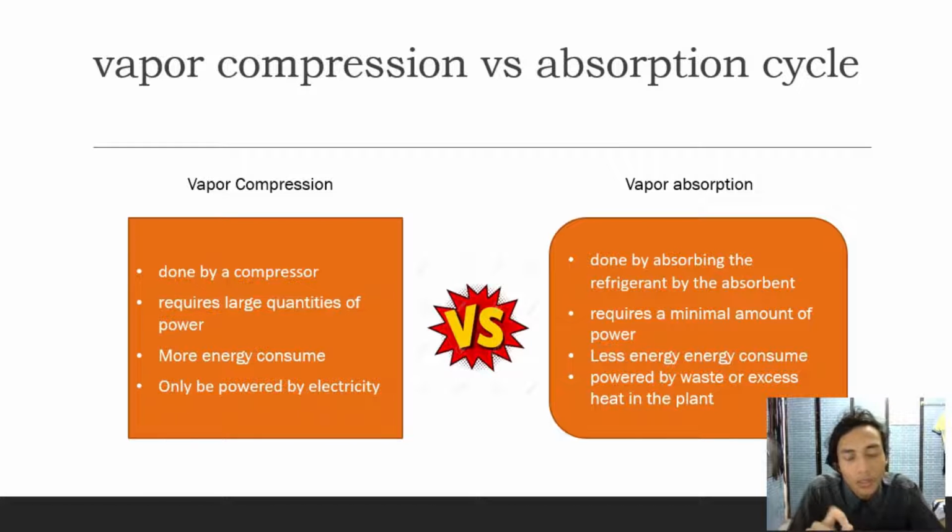The vapor absorption system is mainly powered by waste or excess heat in the plant, for example the excess steam from the boiler can be used, or more steam can be generated and used with the available hot water. For the compressor in a vapor compression refrigeration system, it is powered by electricity, and no other energy source can be used in this system.